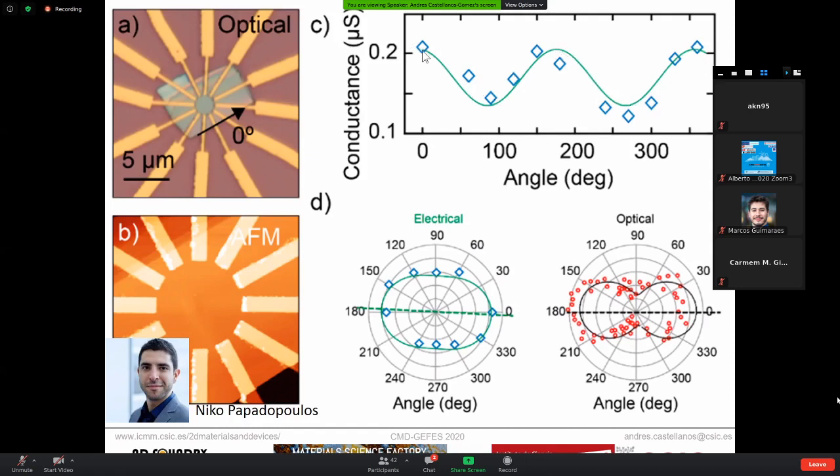Well, it's actually a cosine squared wave. And in a polar plot, you can see that it has this elongated shape. So there is indeed a clear in-plane anisotropy. And actually, this anisotropy again matches the anisotropy that we see for the same flake in the differential reflectance, and therefore matches the position of these ripples.